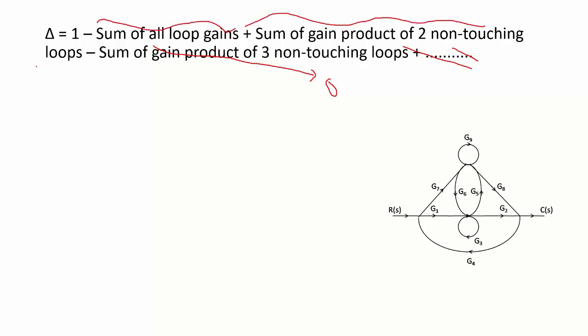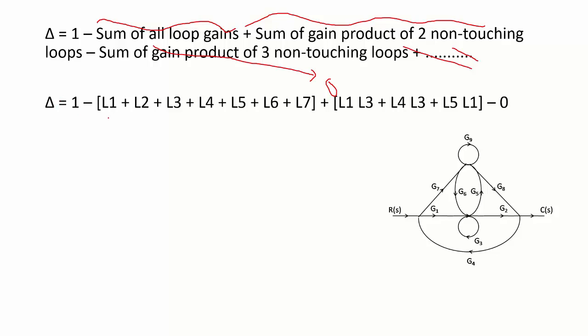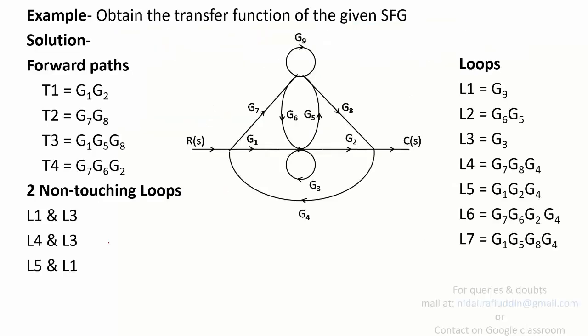So you're going to substitute the value of the loops for obtaining delta as 1 minus the sum of loop gains. So this becomes the sum of all the individual loops which were identified in this case. Then again, you're going to take the sum of gain products of two non-touching loops. So L1 and L3 were non-touching. If you look at this case, L1 and L3 are non-touching, L4 and L3 are non-touching, L5 and L1 are also non-touching, and thus we're going to multiply each pair, then add them in this expression.